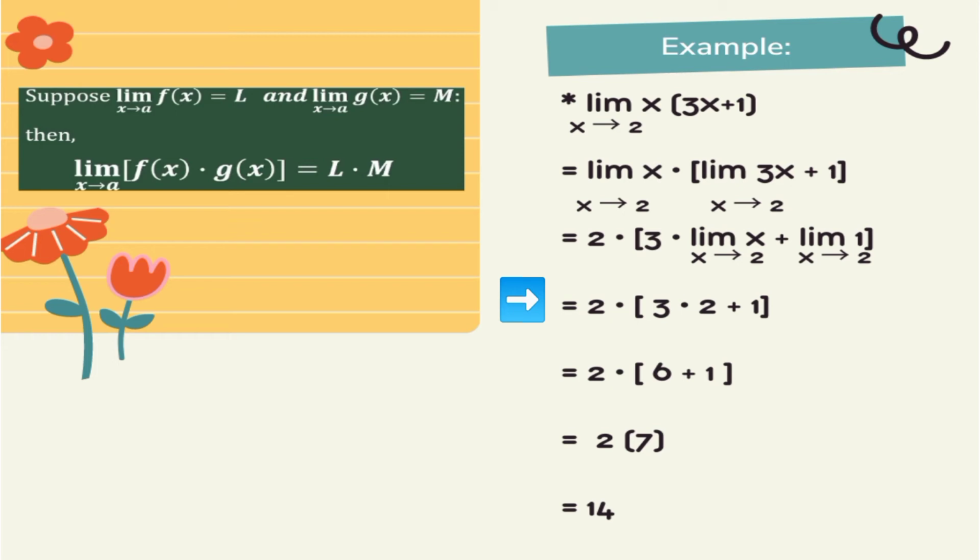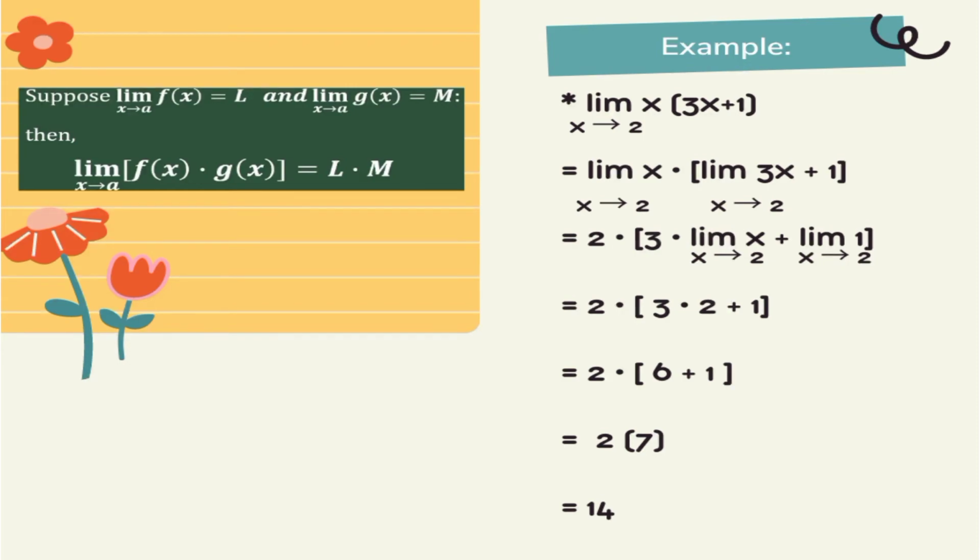Then bring down 2, simplify. 3 times 2 is 6, plus 1 is 7, and bring down 2, so 2 times 7 is 14. The answer is 14. So that is for the product rule, theorem number 5.